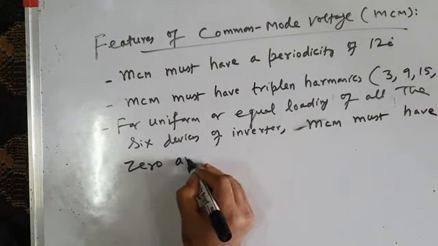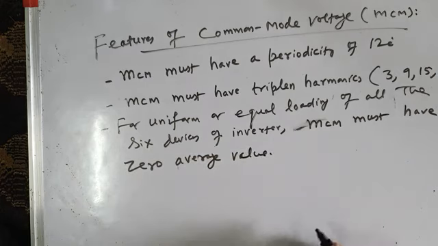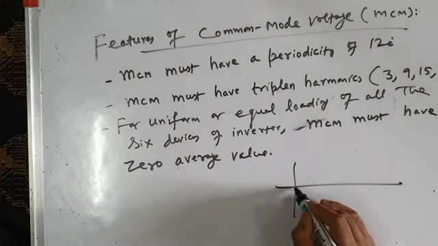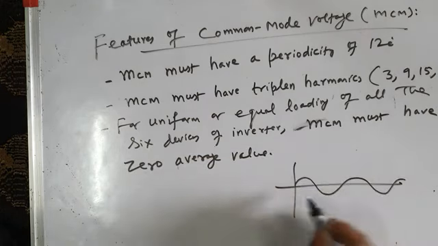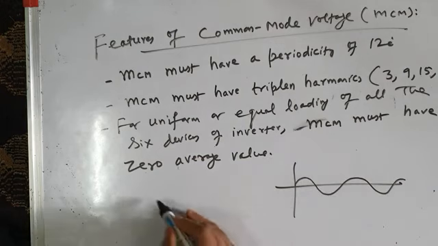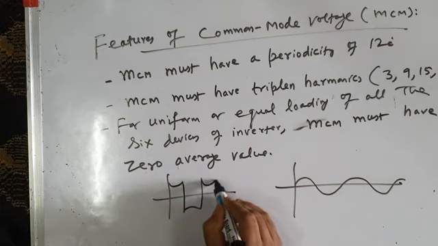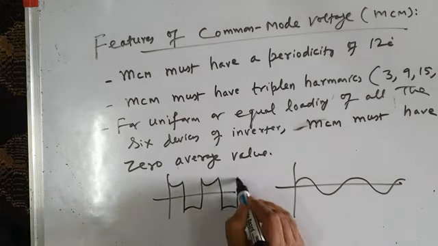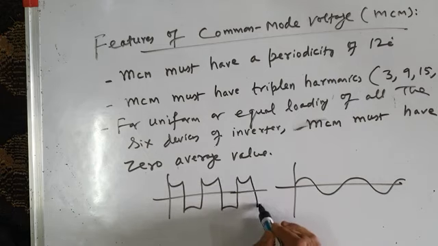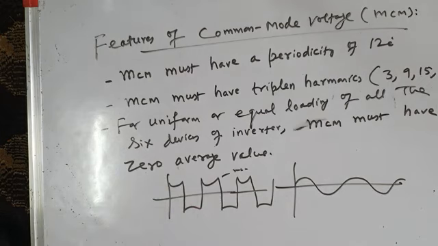And that is clear too, this is your MCM. What is this? It is AC in nature, alternating. What is its average value? 0 average value. Or if your MCM is like this, which we have discussed in continual clamp PWM or 60 degree clamp PWM, your MCM is like this. What is its average value? Its average value is 0.